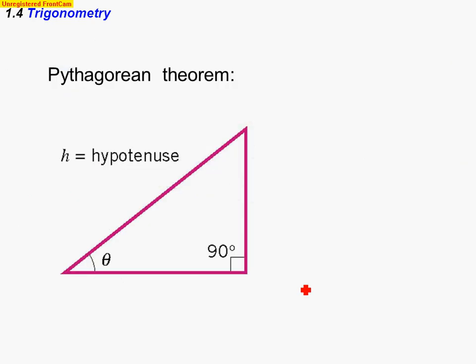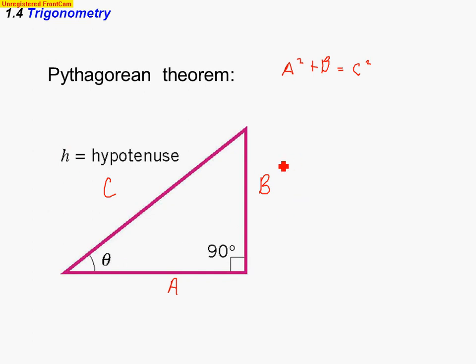Okay, and then the last thing that you really need to remember from trigonometry is the Pythagorean Theorem, which you probably learned a long time ago. So most often you see this as a squared plus b squared equals c squared, where a and b stand for the two legs. We'll call this a and b, and c is the hypotenuse. So this is what we were calling h before.